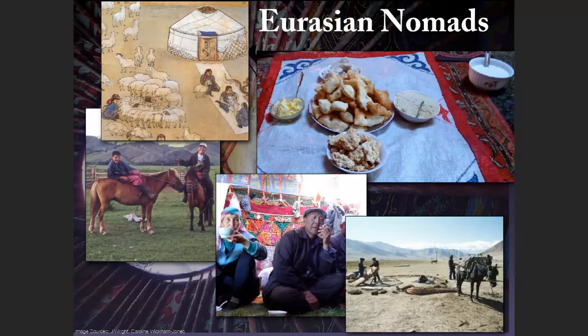But these are communities of people who get most of their subsistence from herding in Eurasian grassland. So you see a nice meal there made up of 5 dairy products, and a little bit of fried bread. So cheeses, yogurts, butters, etc. And they live in mobile dwellings, so what you might know as yurts, or gers as they're called in Mongolia, and are very good with horses, all those kinds of things.